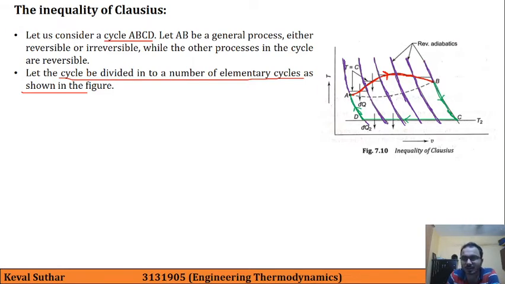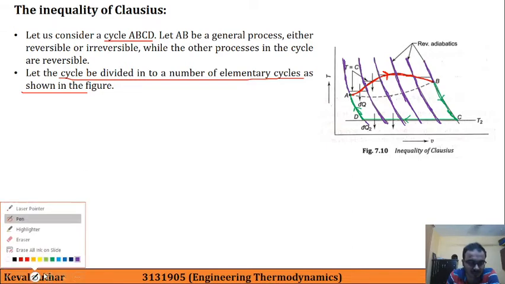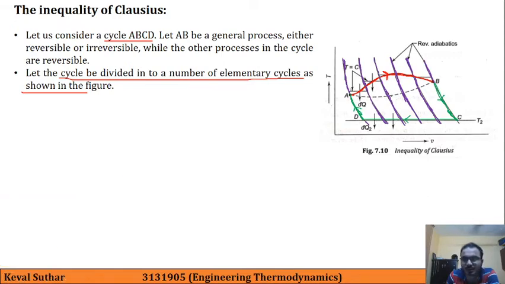So these are all reversible adiabatic processes, and apart from this, we are here having a few isothermal strips, small strips, that is this one, this, and this one.